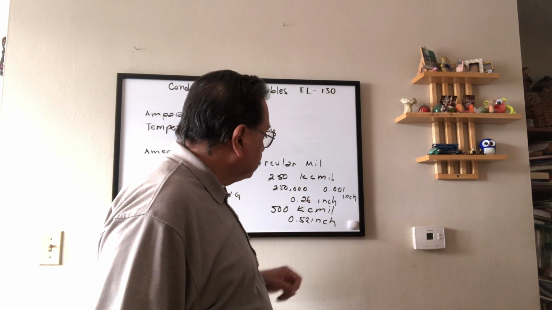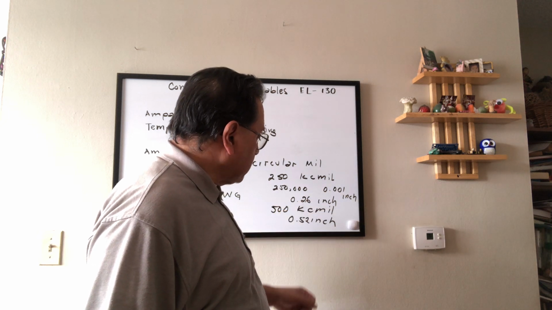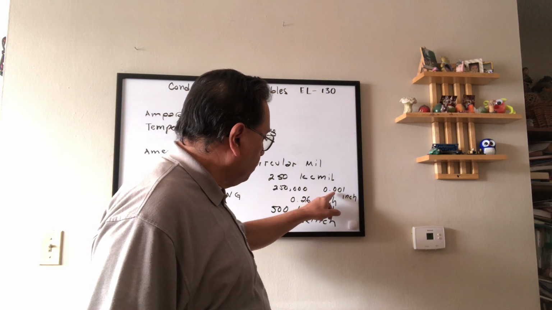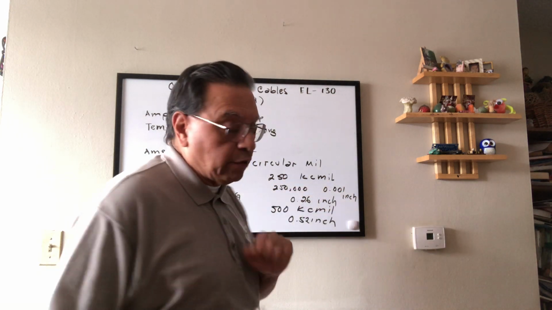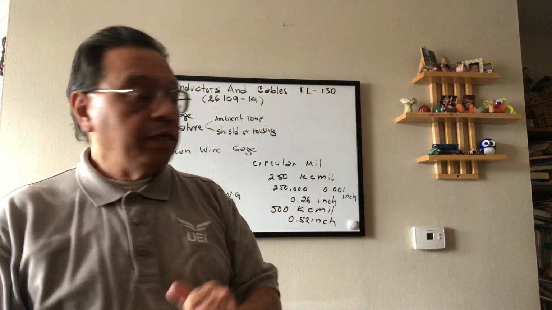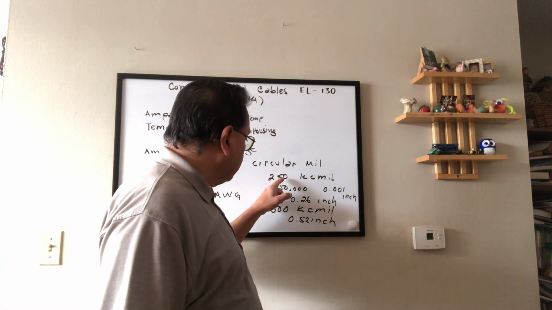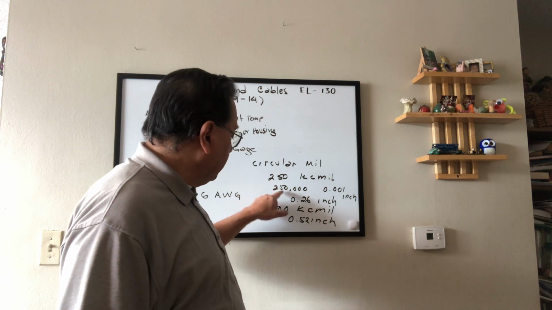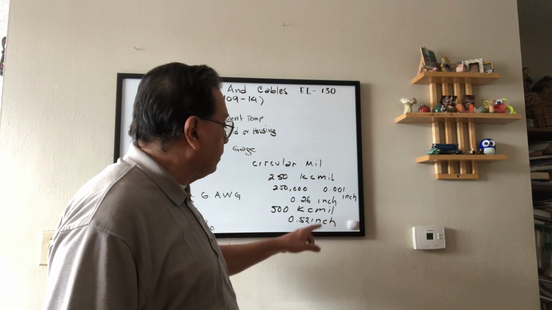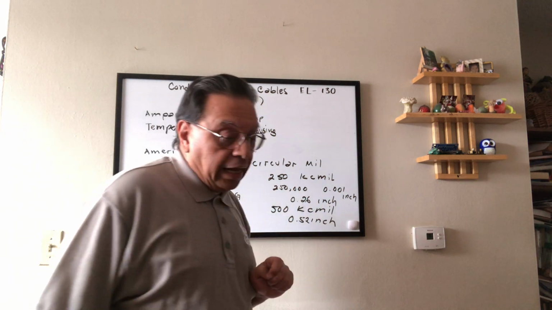Circular mil. So a mil is a thousandth of an inch, 0.001 inch. For example, 250,000 circular mil, 250 kcmil.